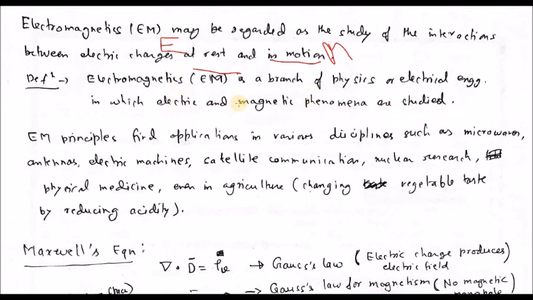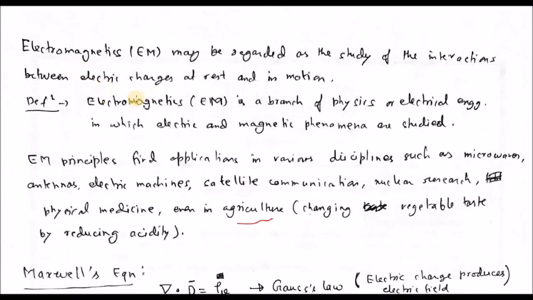This electromagnetics doesn't find its application only in electrical engineering, but also it is applicable in many of the disciplines like in electronics engineering, communication engineering, medical field, and even in agriculture.